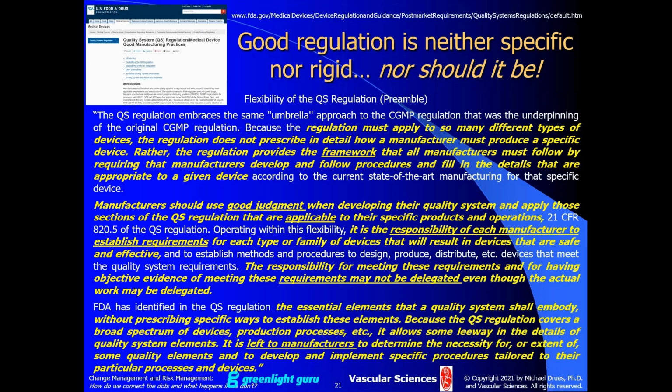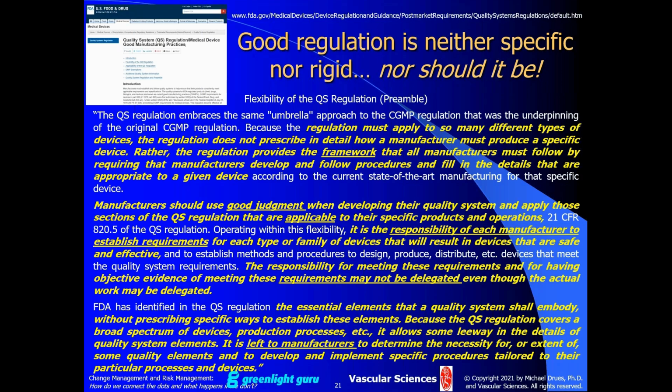And finally, and this is perhaps the most important part, the essential elements that a quality system shall embody, without prescribing specific ways to establish these elements. Because the quality system regulation covers such a broad spectrum of devices, production processes, and so on, it allows some leeway.